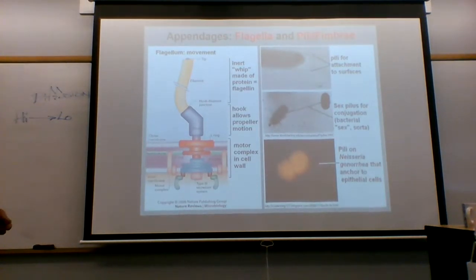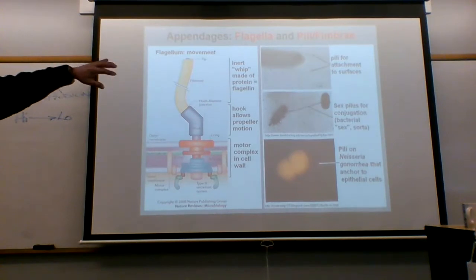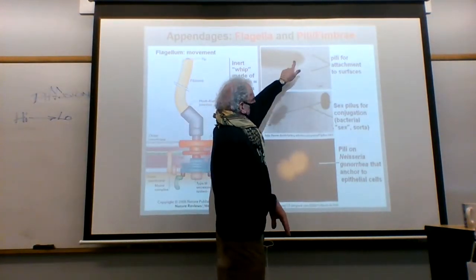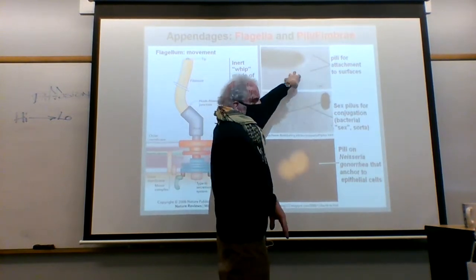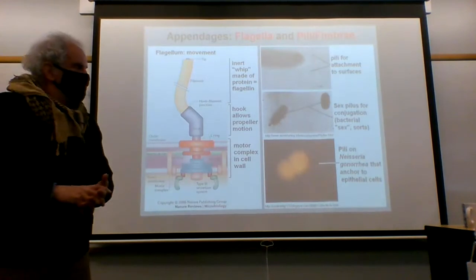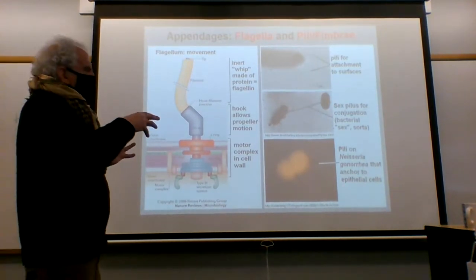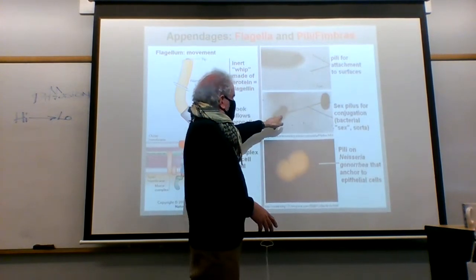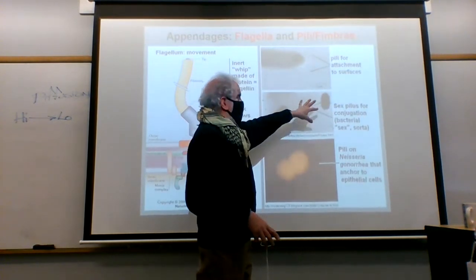Other things that bacteria might have are these pili, or pilus, also known as fimbriae. And you can see here, this is a light micrograph where the pili are extending out, and they're allowing the bacteria to actually adhere to things. We can have a pilus that goes between two bacteria that actually has a slightly different look to it.